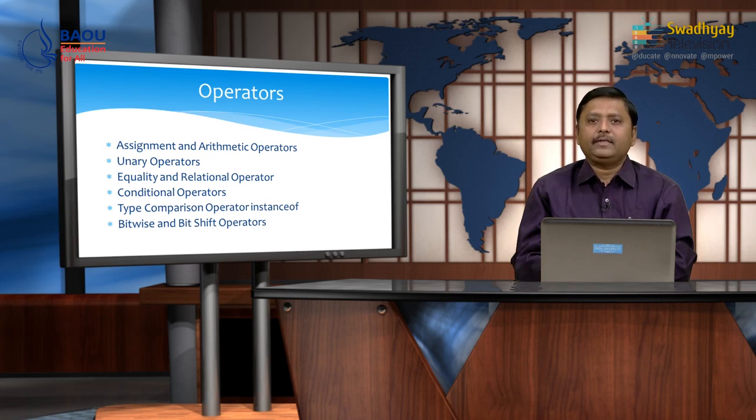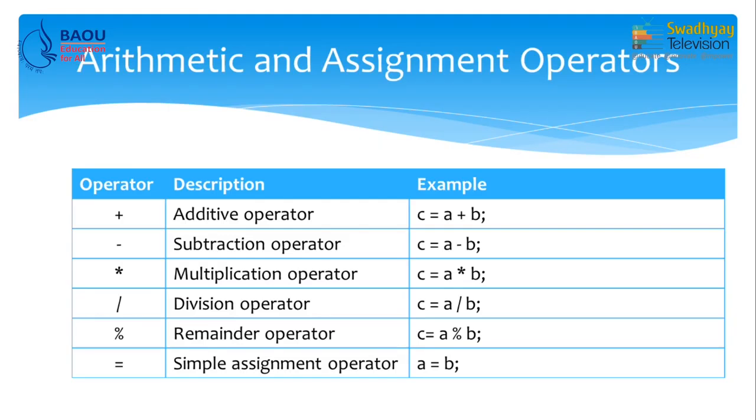We have a type comparison operator called instanceof, and we have bitwise and bit shift operators. Now, all these operators are classified based on the type of work they carry out. We start with arithmetic operator and equality operator.